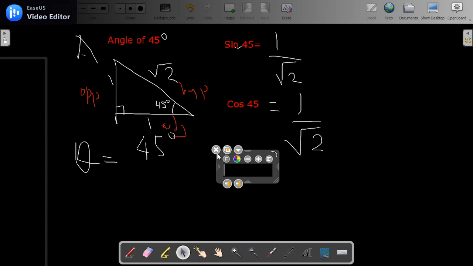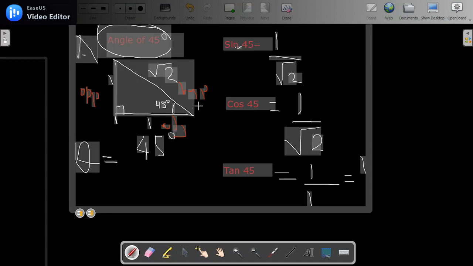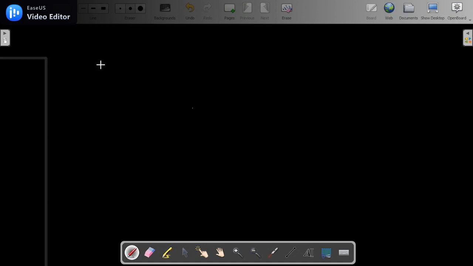So let's move to another special angle very fast, so you can take a picture of that. Let's move to the angles of 30 degrees and 60 degrees. These expressions are very simple.